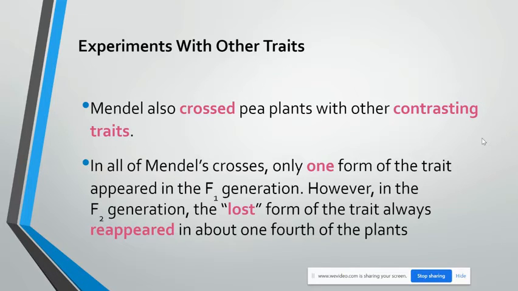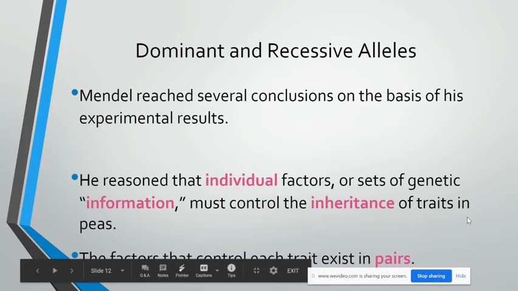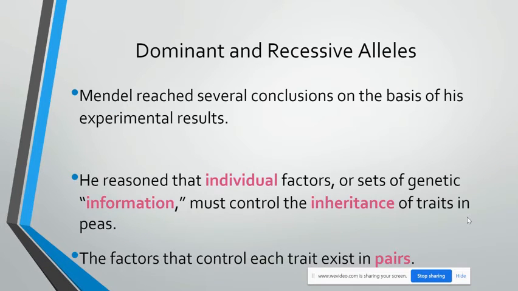So that recessive, or that individual trait, came back. So this has to do then with dominant and recessive alleles.